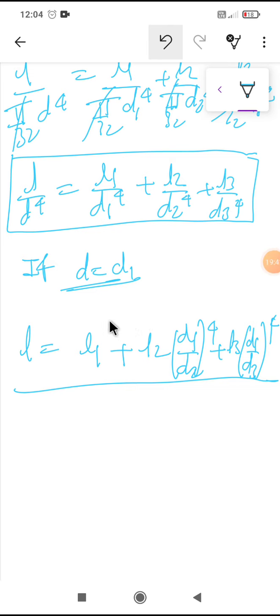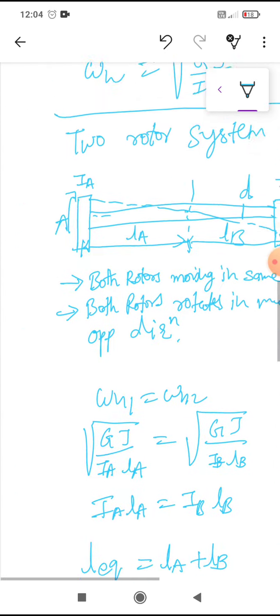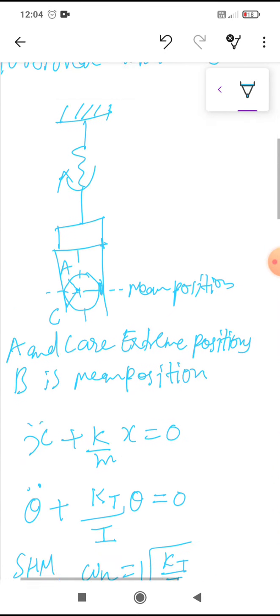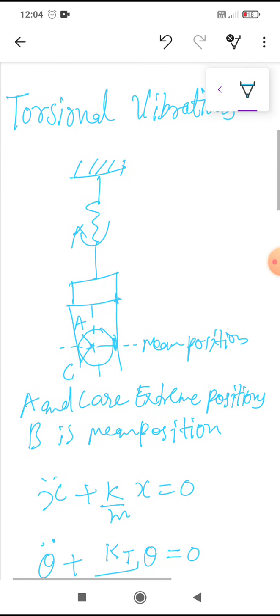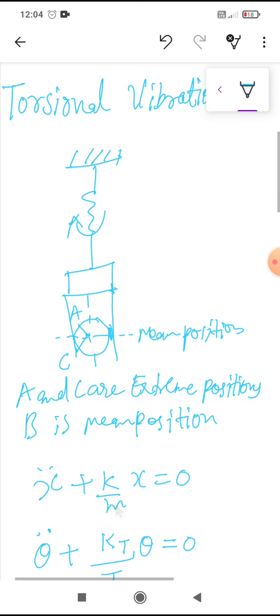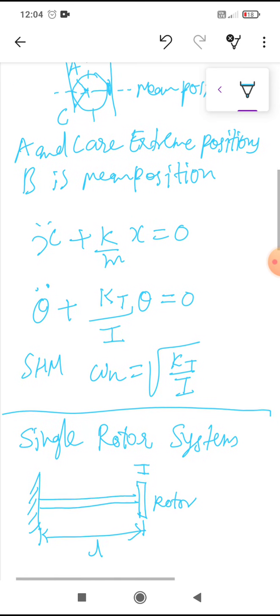We will see a few rotor equations and examples also. In the next lecture we will see the three rotor system. Here, what we have seen today is torsional vibration and its equation, rotary motion.